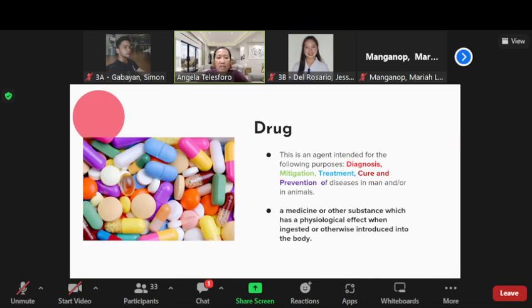So let us first define drugs. So drug is an agent intended for the following purposes. So you all know, you should know this, ha? So diagnosis, mitigation, treatment, cure, and prevention of diseases, not only in man but also in animals. So we use drugs to diagnose a disease.